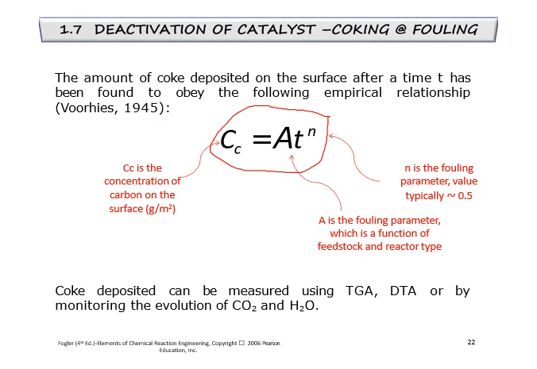A is the fouling parameter, which is a function of feedstock and reactor type, meaning that the fouling parameter has to be calculated based on the feedstock and also the reactor type. T is time, and N is the fouling parameter that usually the value will be 0.5. So theoretically, this is the equation to calculate the amount of carbon deposited on the catalyst surface.